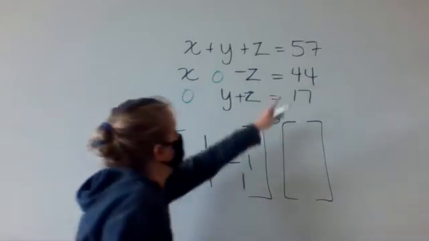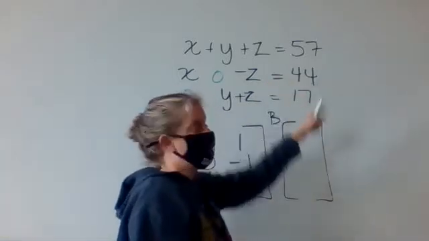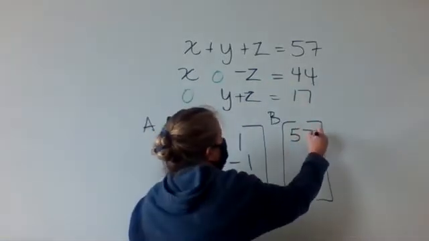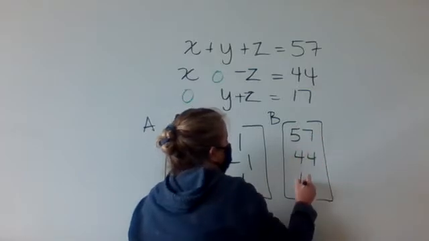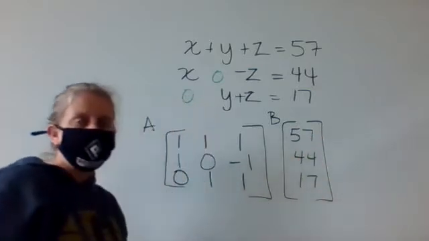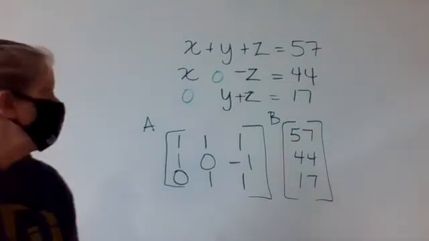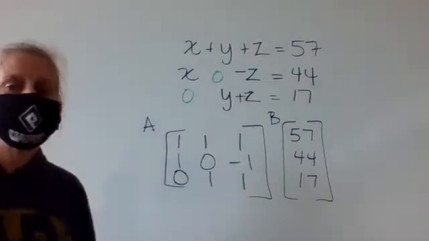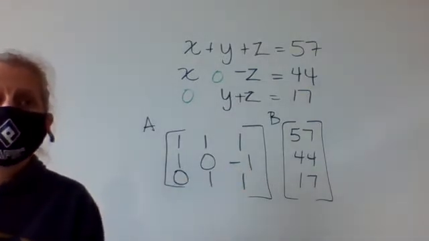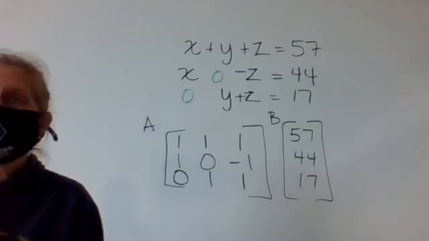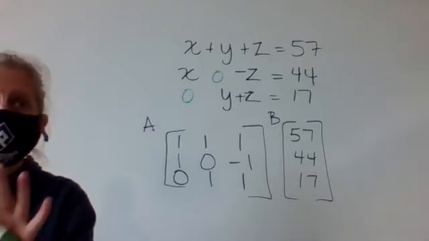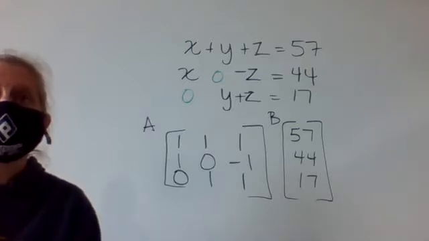And remember, your matrix B is what's on the other side of the equal sign. So that'll just be a 57, a 44, and a 17. So we're going to enter these into matrix A and matrix B in our calculator. Remember, the first thing you're going to have to tell your matrix function in your calculator are the dimensions of the matrix that you're creating.